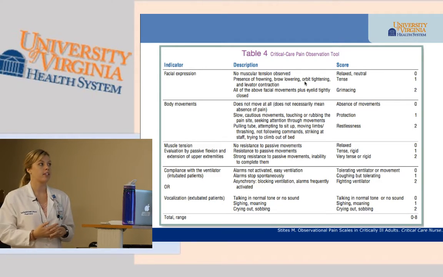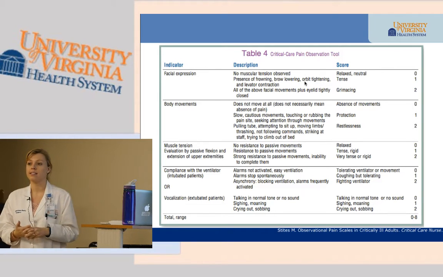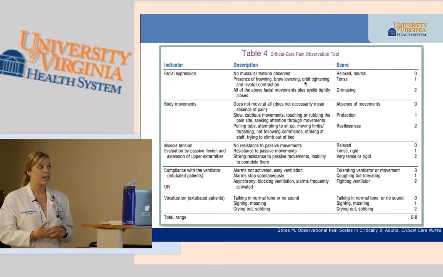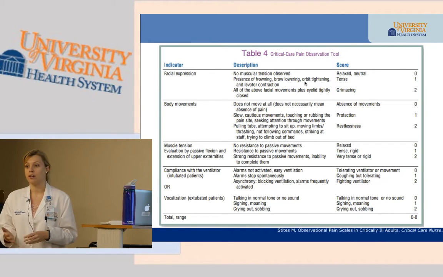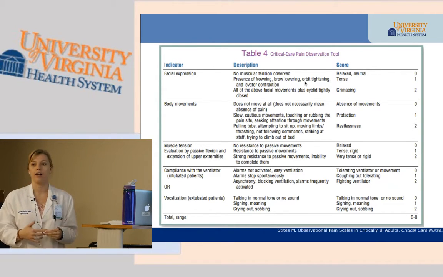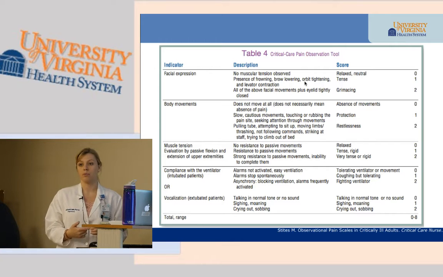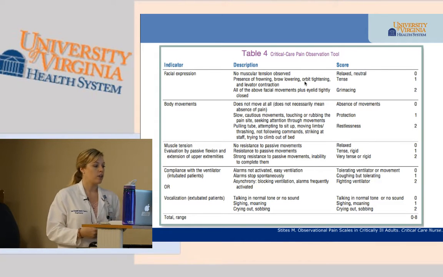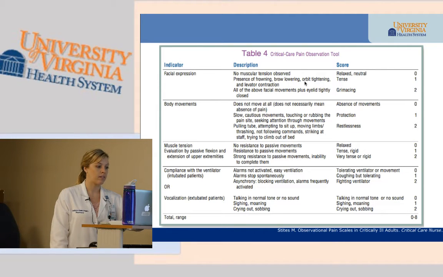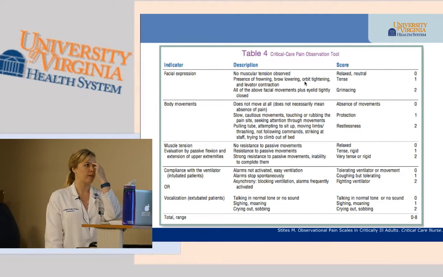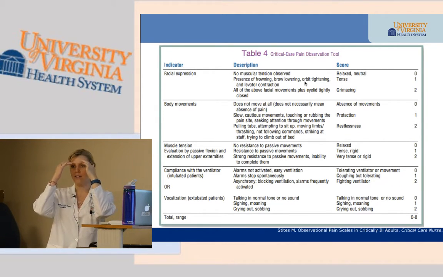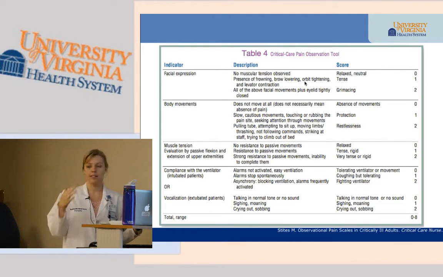And then we also have what we call CPOT, so Critical Care Pain Observation Tool. This is for our patients who are in usually the ICU setting. They are intubated, have a lot of pain and sedation meds going on, and they're unable to communicate sometimes what their pain score is. So as you can see, we look at different facial expression. If they're very tense, a lot of times they'll have their eyebrows close together, a lot of tension in the head, in the forehead. So that's a sign.